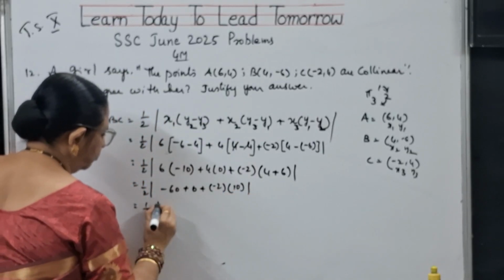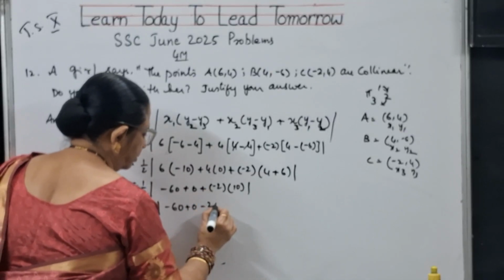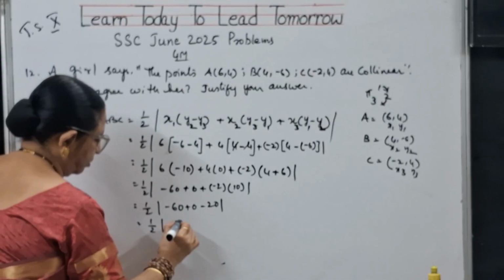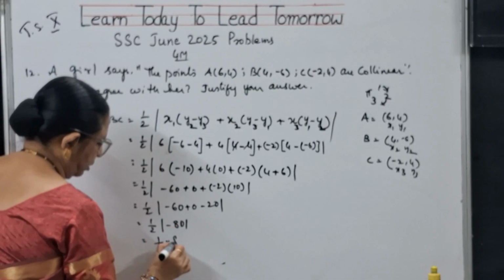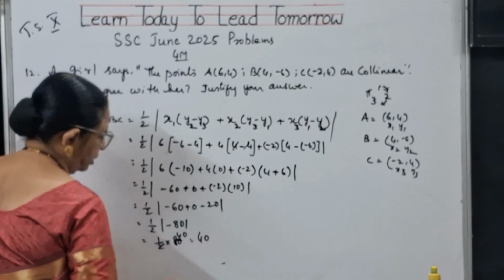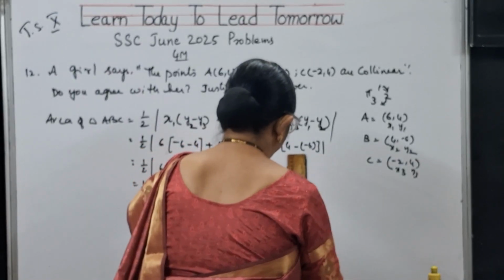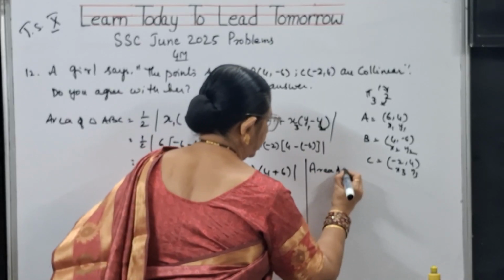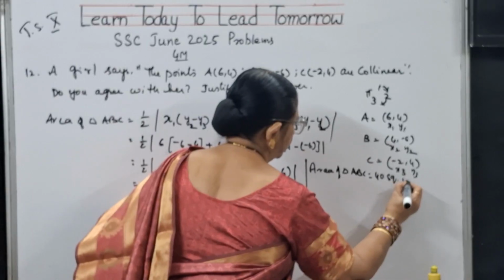That means half modulus minus 60 plus 0 minus 20. That means half modulus minus 80. This is nothing but half into 80. Minus becomes plus. That is, you have got 40. So what are you getting? Area of triangle ABC is equal to 40 square units.